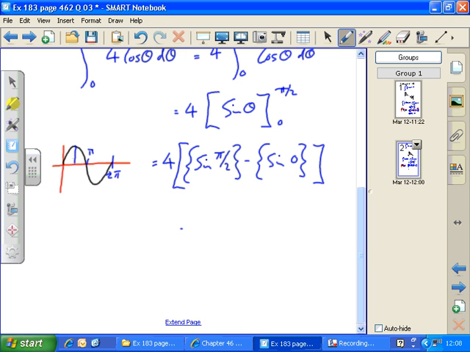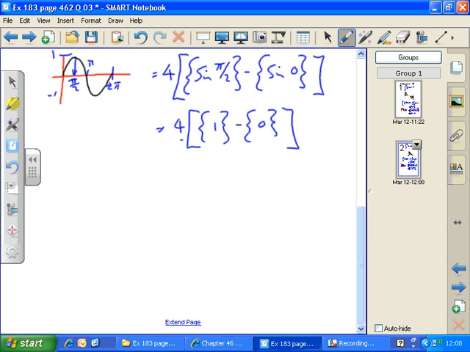So this point here is pi by 2, and the sine peaks at 1 and minus 1. So what's the sine of pi by 2? 1. So this equals 4 square brackets 1 minus, what's the sine of 0? Well, from the curve or from the calculator, sine of 0 is 0. So the answer turns out to be 4 times 1.